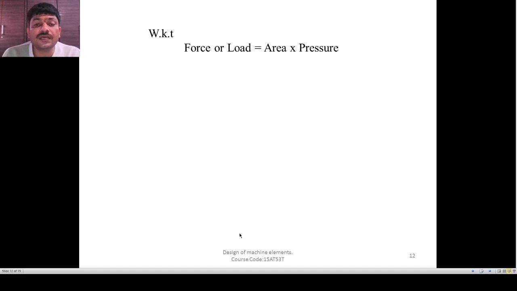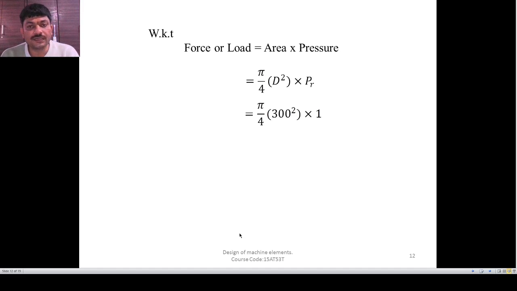Substituting the values, area is equal to pi by 4 D square, with capital D square into pressure. Substitute pi by 4 into 300 square into 1 and make the simplification.